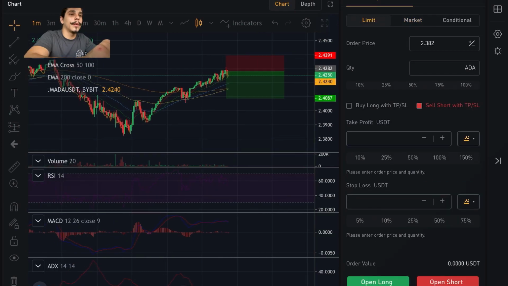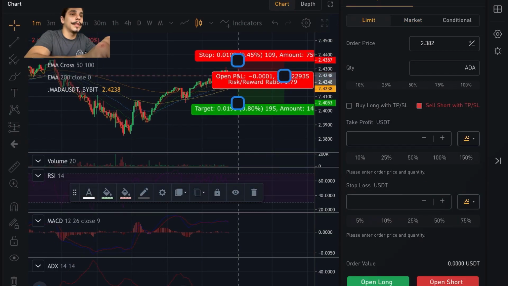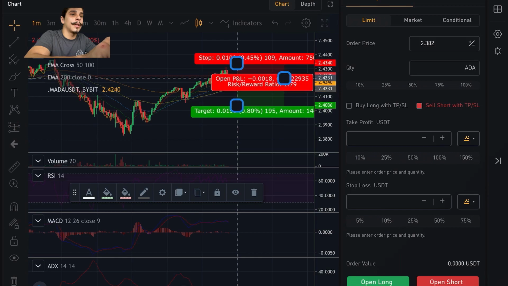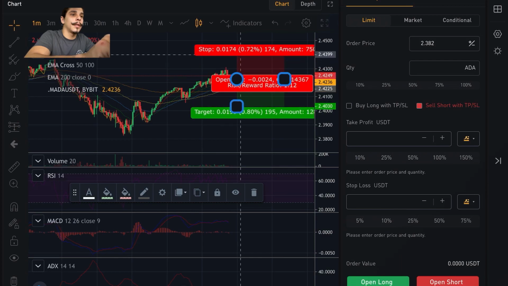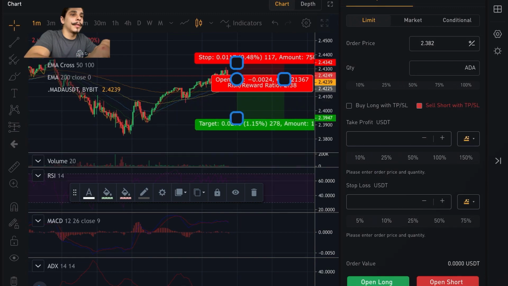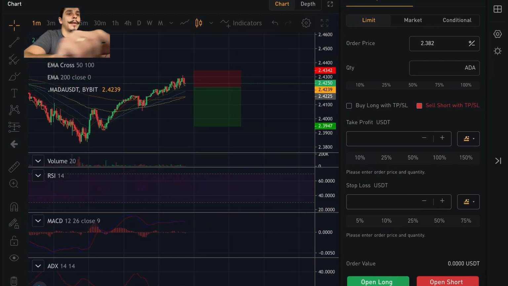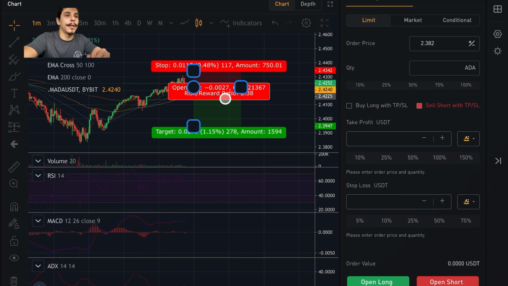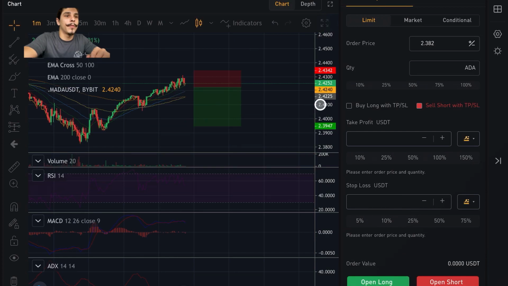Or I could do a limit and say, okay, if I want to move this down, then I could say, all right, I'll enter here, keep my stop loss about the same, and now I'll target to here instead. So now I could set my limit order, right? My order price would be right here, 2.4225. It's provided by this tool, 2.4225.